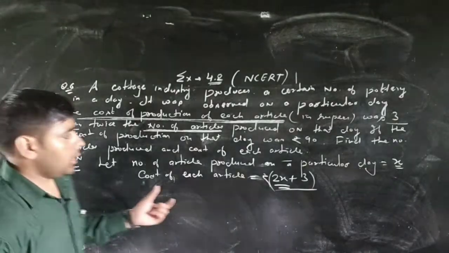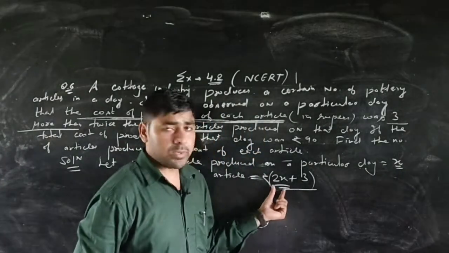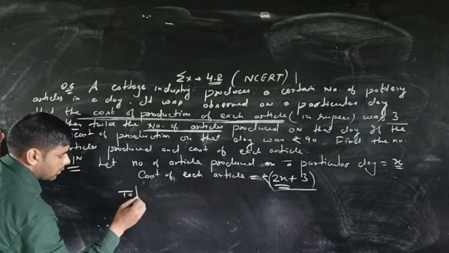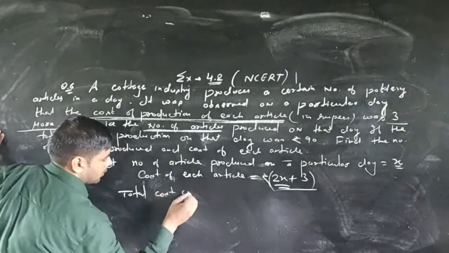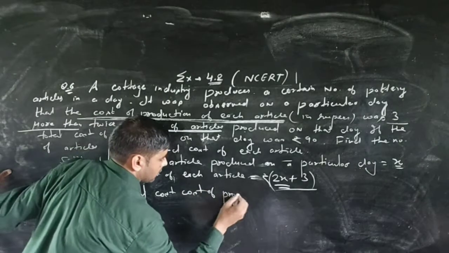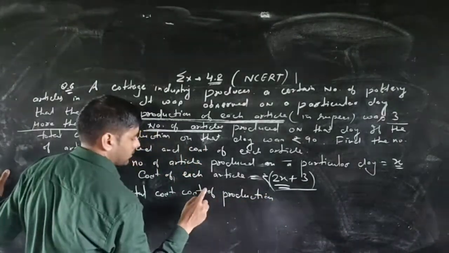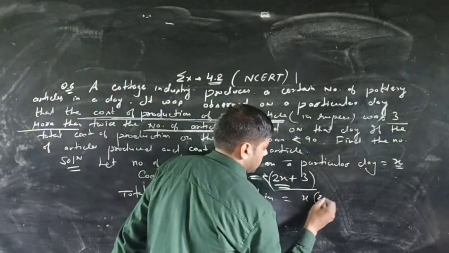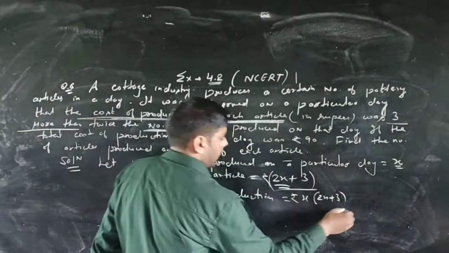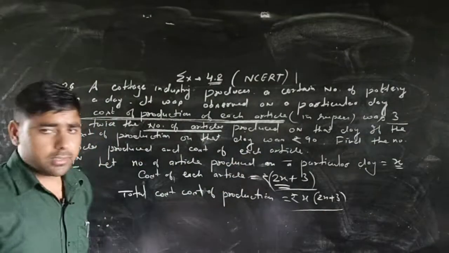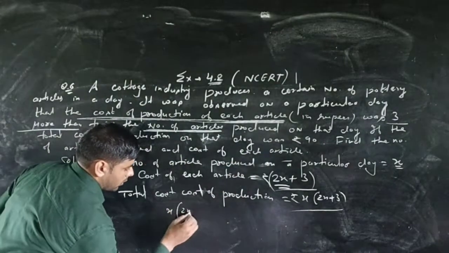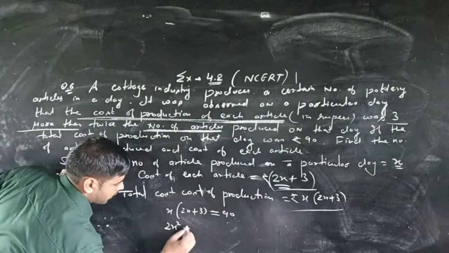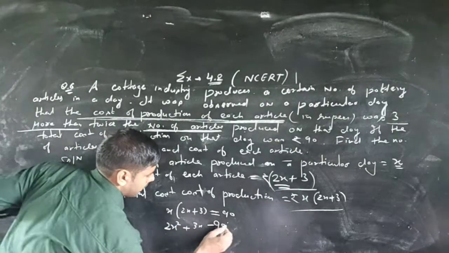Now if there are x articles and the cost of each article is rupees 2x + 3, then the total cost of production is x times (2x + 3) rupees, and this total cost is given as 90. So x(2x + 3) = 90. Multiplying, this is 2x² + 3x − 90 = 0.